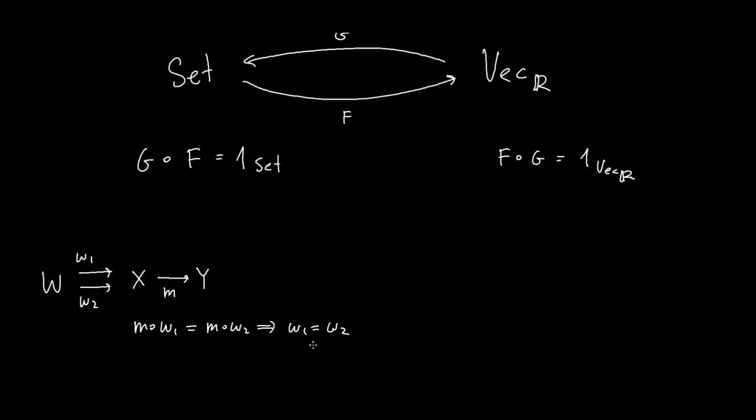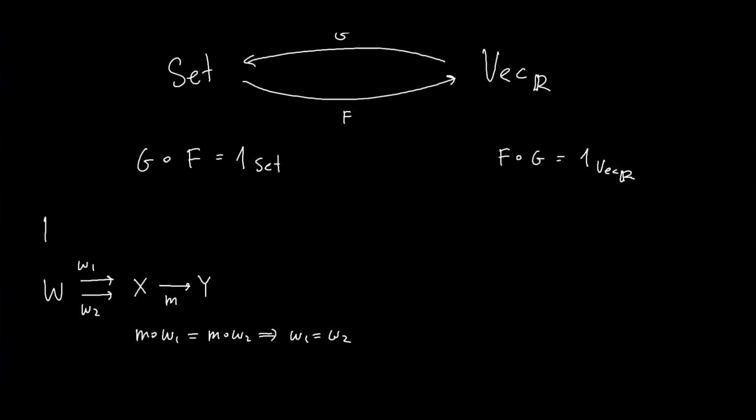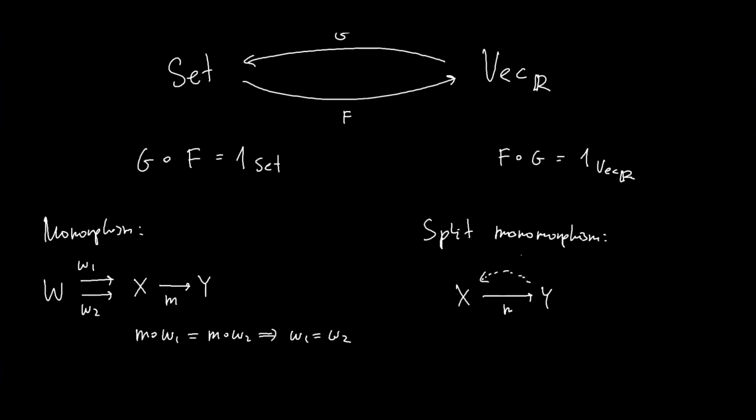The notion of a split monomorphism was that I have a one-sided inverse, so M is a split monomorphism when there is a morphism backwards, let's call this M prime, such that M prime composed with M equals identity of X.